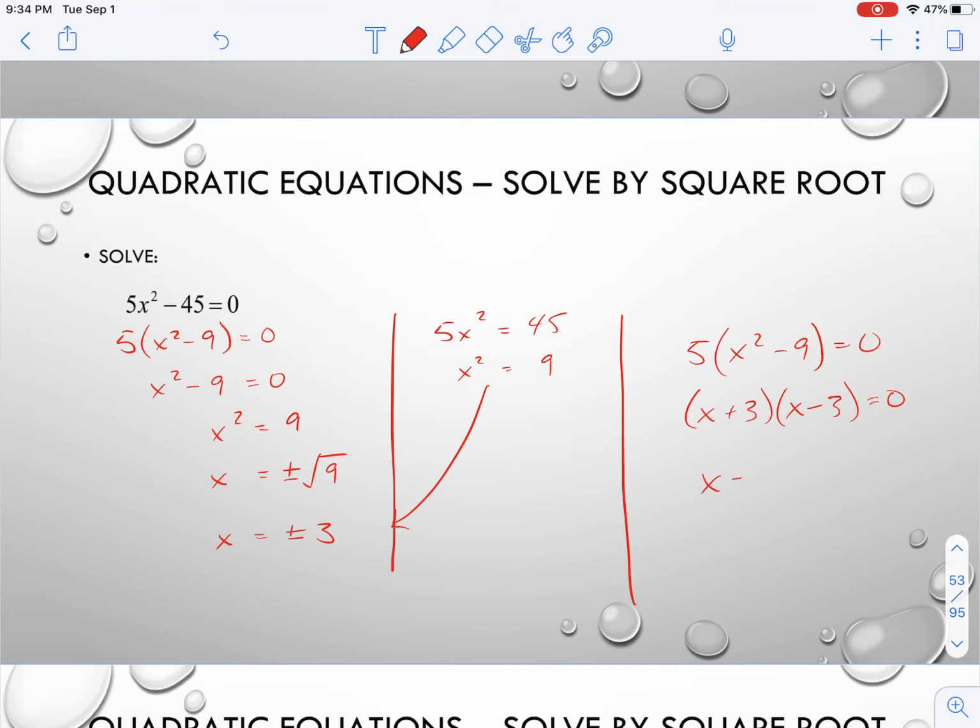And I get x equals negative 3 and x equals positive 3. Okay, so I get the same answers. And again, what I'm trying to illustrate to you guys here is there's not always only one way that's going to work for a particular problem. There are typically several ways that you could factor and solve each of these individual quadratics.